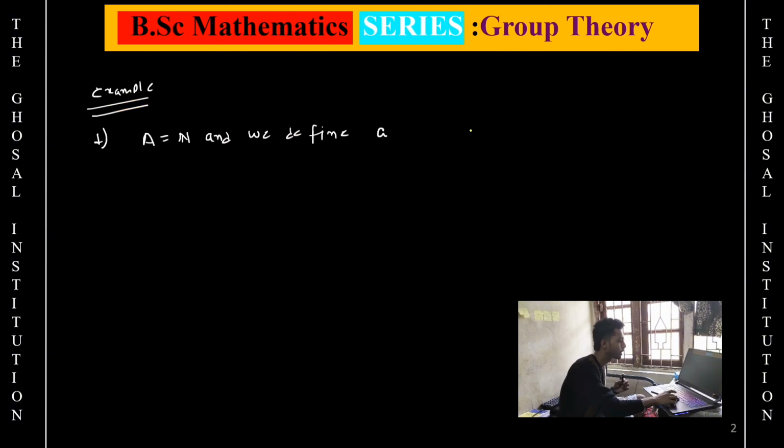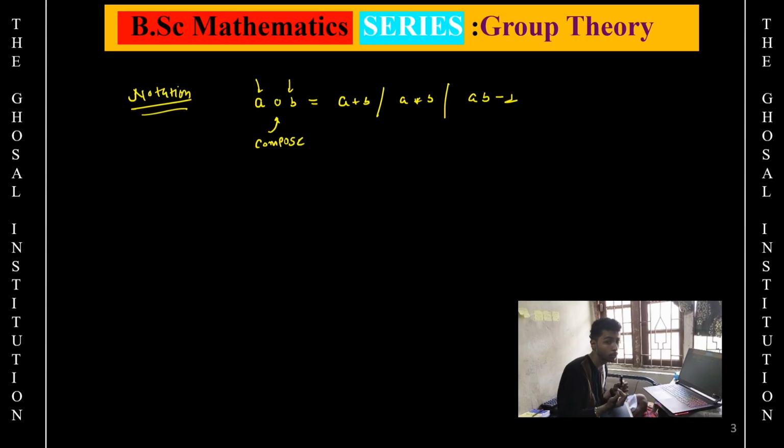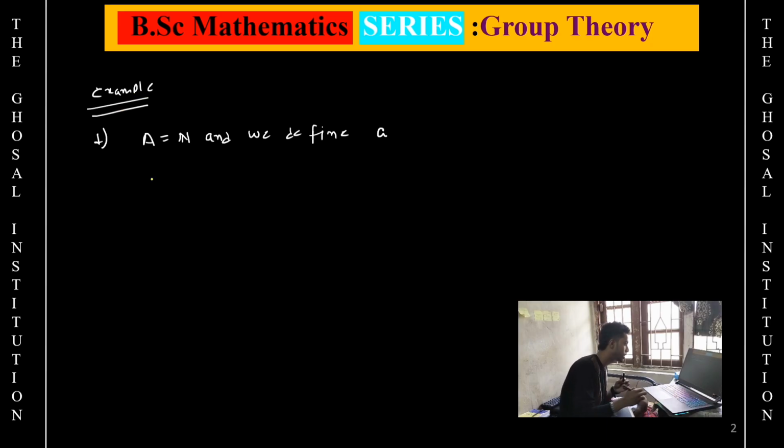Suppose we define something like a plus b, or a into b, or ab minus 1, a composition defined with these two elements using arithmetic operators. So now let's jump into the questions.